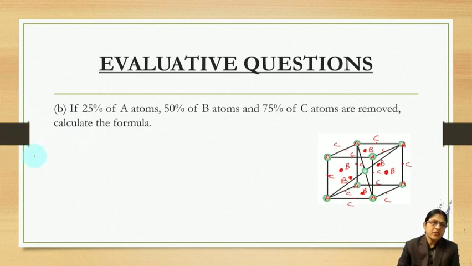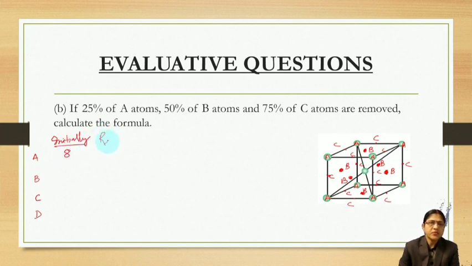So here you write A, B, C, D. This one initially. So initially, how many corner atoms present? 8. Right?